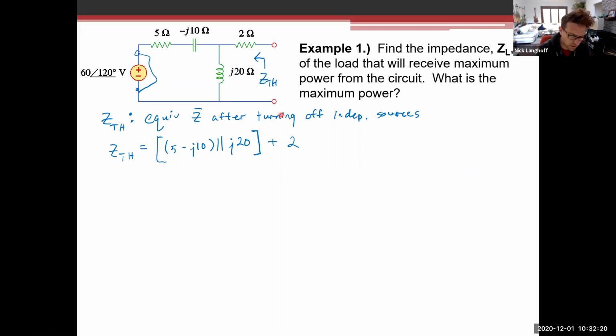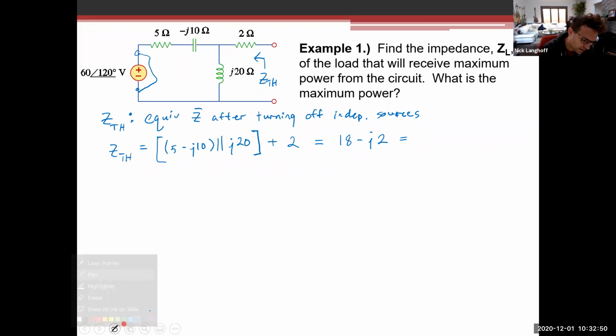If you calculate this out without spending all the time working through the phasors, that ends up giving us 18 minus j2, so there's the real component and here's the reactive component of Z Thevenin.